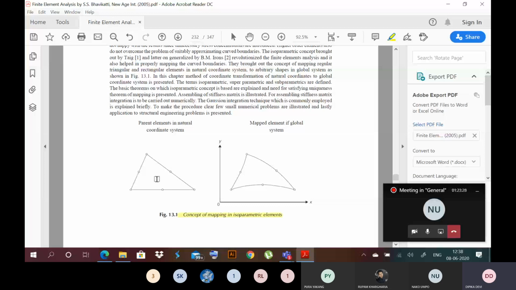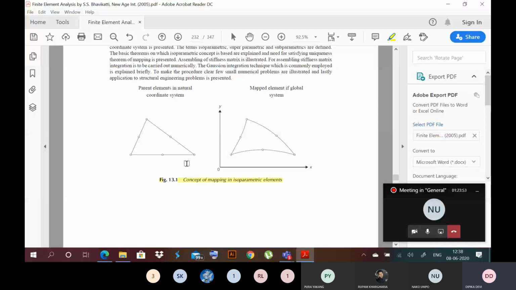There should be a relationship between the natural coordinates and Cartesian coordinates. This relationship is straightforward in the case of the bar element; we have already derived the relationship between xi and x. Now how to derive this relationship for a 2D element, which has two coordinate axes, xi and eta? In 3D we have three axes, xi, eta, and gamma. So the relationship is not so straightforward. To get this relationship, one concept is used, which is called the isoparametric concept.